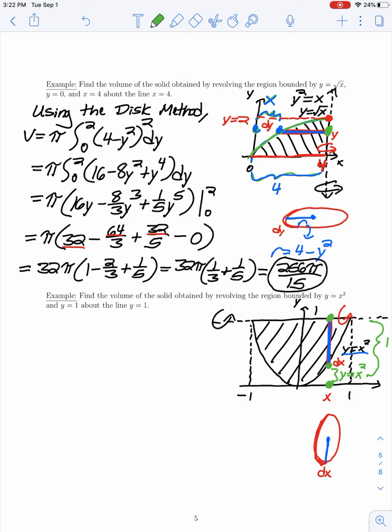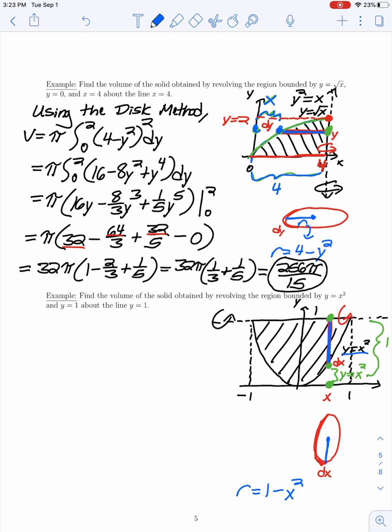So the radius of my disk is found by taking the total distance from the x-axis to the axis of revolution, which was 1, and subtracting the distance from the x-axis to my curve, which we just said is x squared.